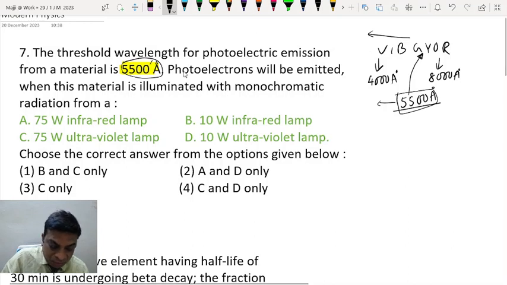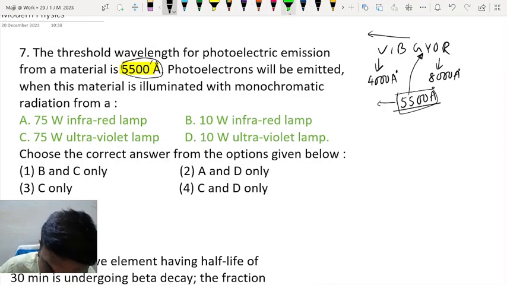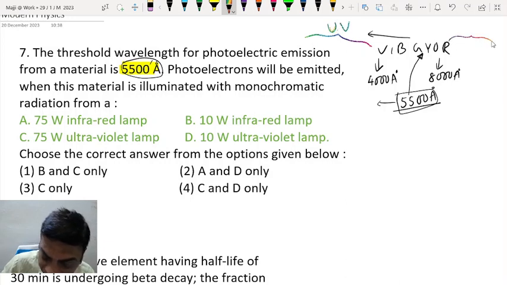Now coming to options, two options are for infrared and two options are for ultraviolet. Now you see, students, that beyond violet you have ultraviolet, UV, and beyond red you have infrared. So certainly infrared radiation will not be able to show photoelectric effect.